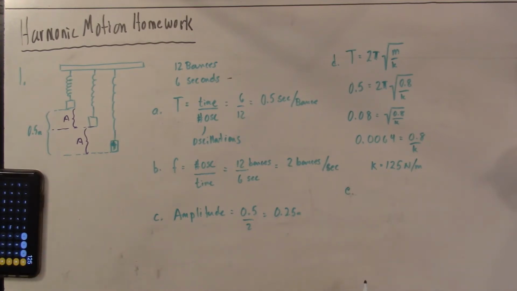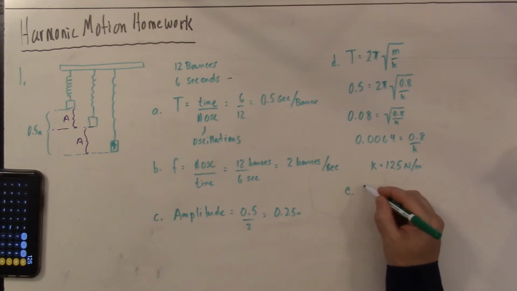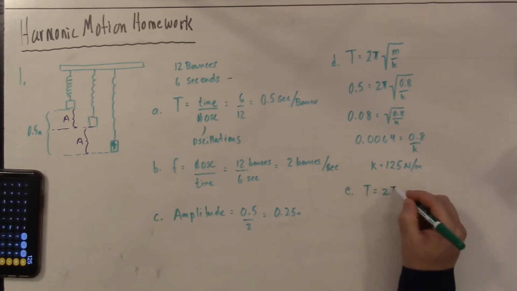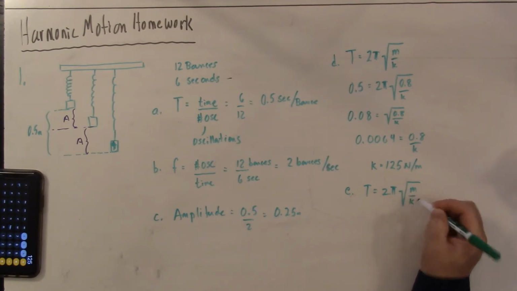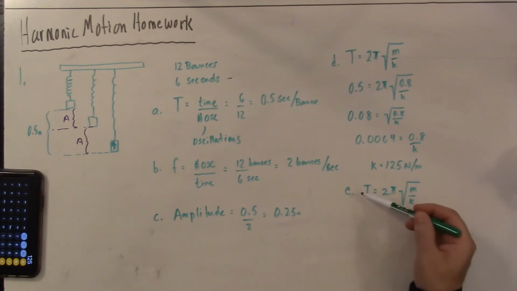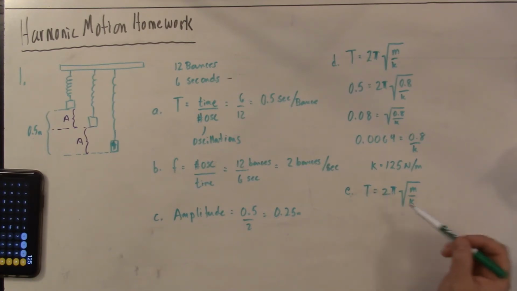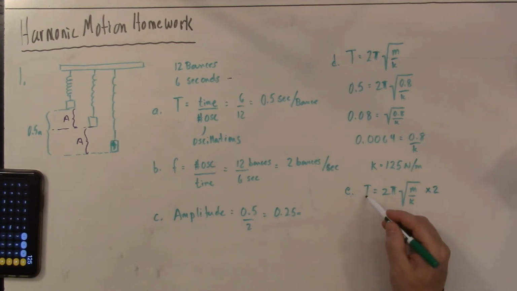E says, how would the period change if the mass were doubled? Well, from the lab or from the equation, you can see that here is your equation. There is a square root relationship between the mass and the period, which means that if you do times 2 on the mass, you don't get a times 2 on the period because it's underneath the square root.